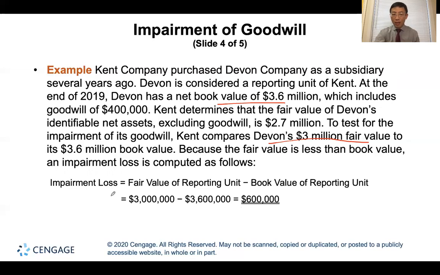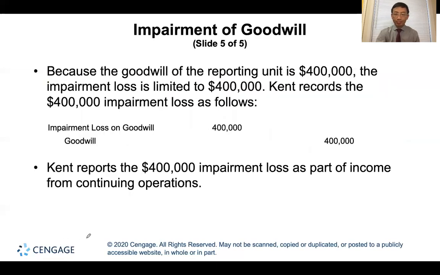So the impairment happened, and we need to calculate the impairment loss, which is fair value minus book value, in this case $600,000. And then we generalize this impairment: debit impairment loss on goodwill, credit goodwill.